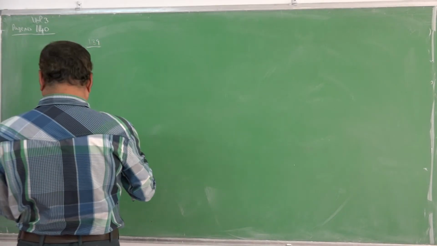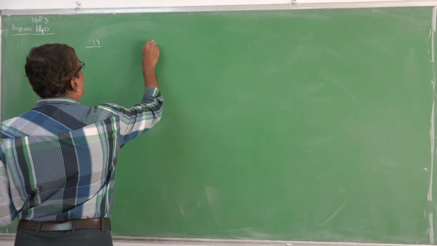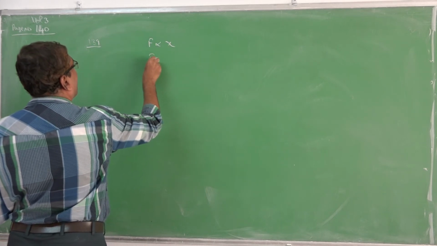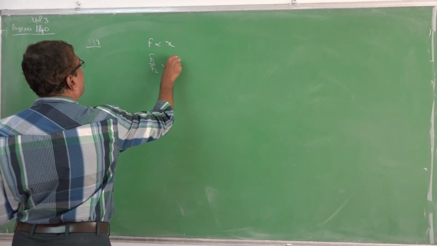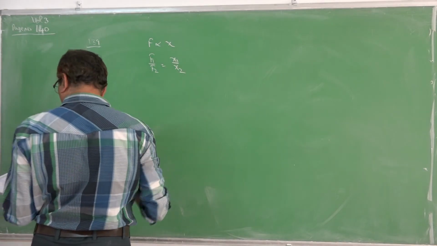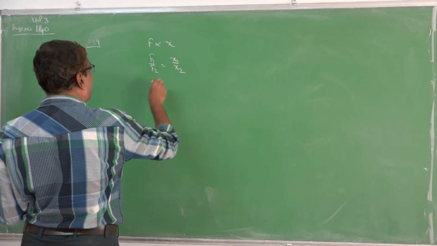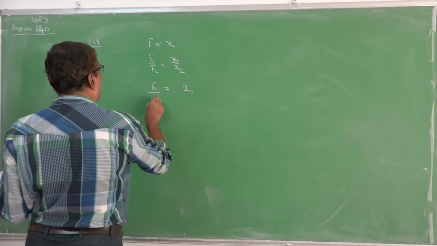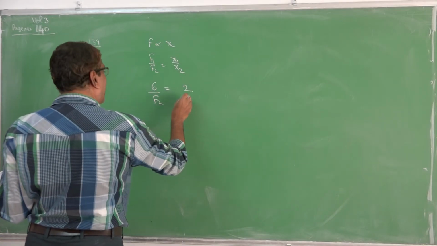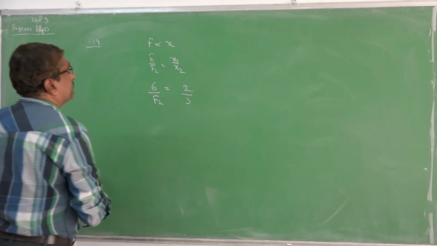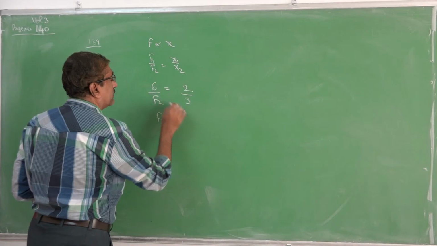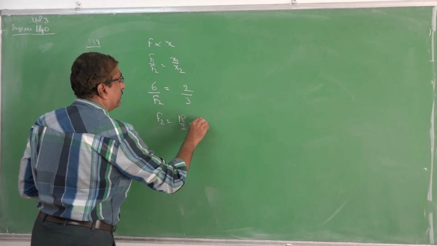As we know, F is proportional to X. So from this we can write F1 by F2 is equal to X1 by X2. The first force is 6 Newton, its displacement is 2 centimeter. Calculate F2 for which the displacement is 3. So F2 is 6 into 3 by 2, that is 9 Newton.